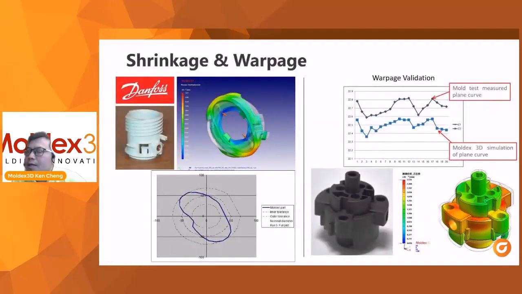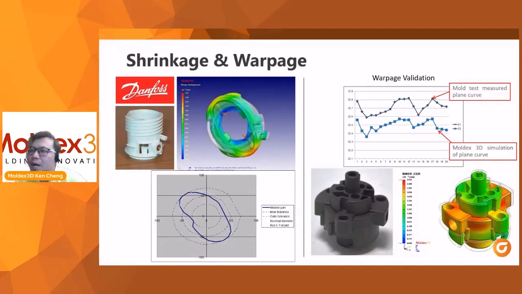This shows you a case study about the warpage validation. You can see how the part is going to warp, including the roundness. Through roundness, you are able to get it from Moldex3D to understand how the part is going to warp. And then before you cut steel, you are able to export.